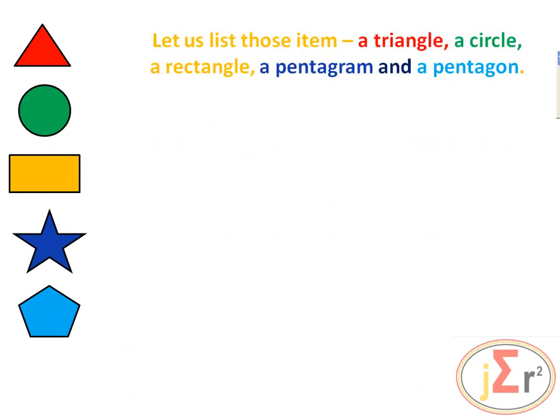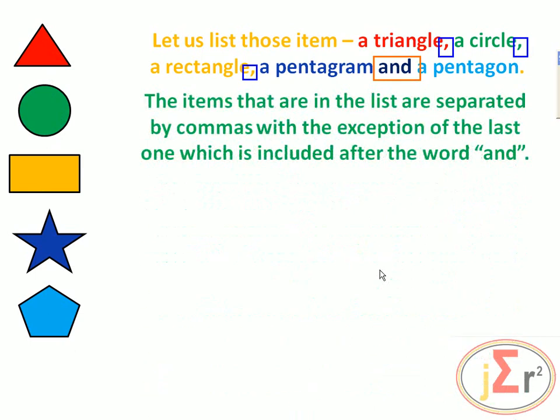Let us list those items: a triangle, a circle, a rectangle, a pentagram, and a pentagon. The items that are in the list are separated by commas, with the exception of the last one, which is included after the word and.